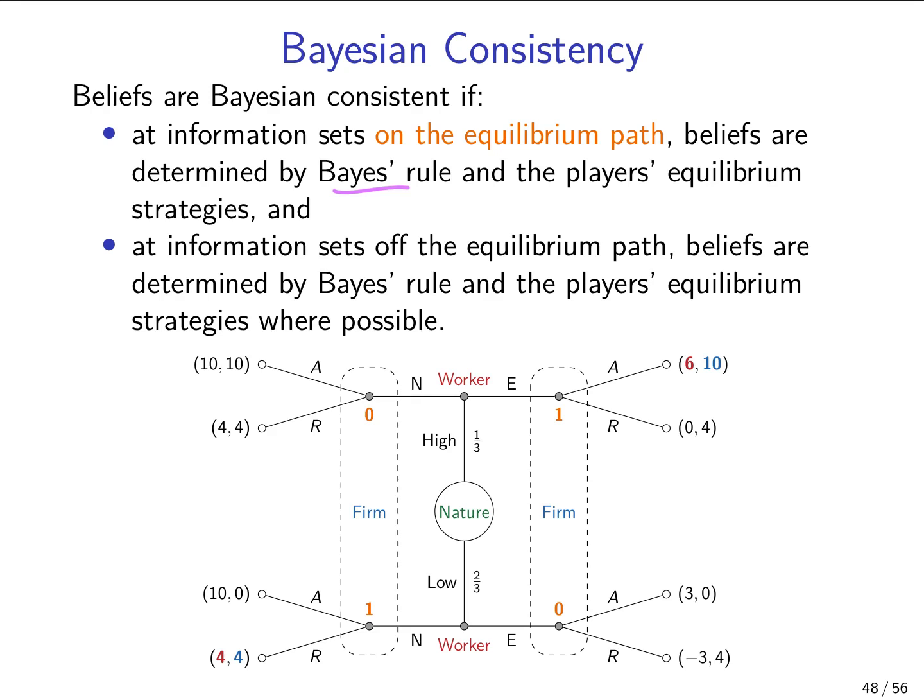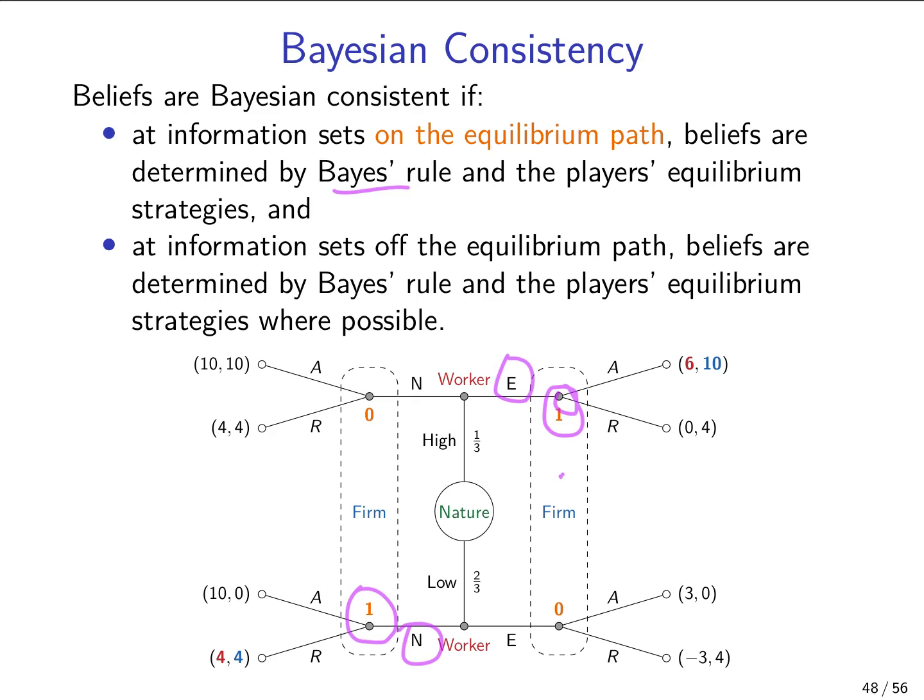So basically the strategy is that a high type worker will choose E and a low type worker will choose N. That means with probability 1, the firm observing E will know it is here. With probability 1, after observing N, the firm will know it is here.